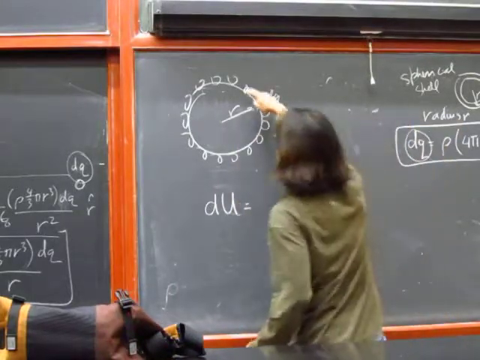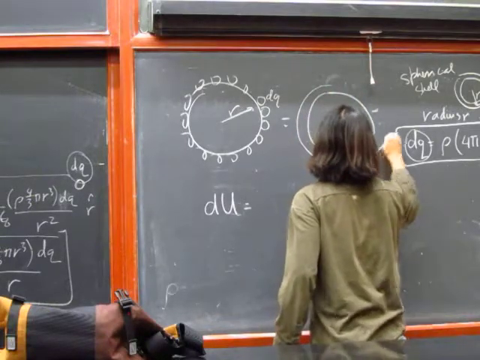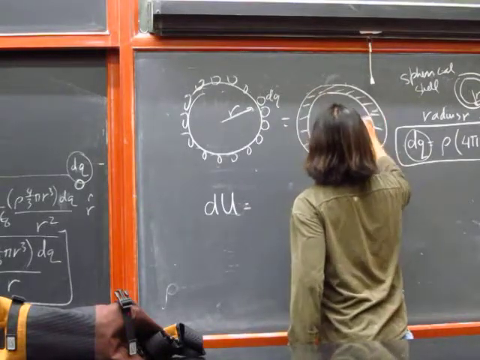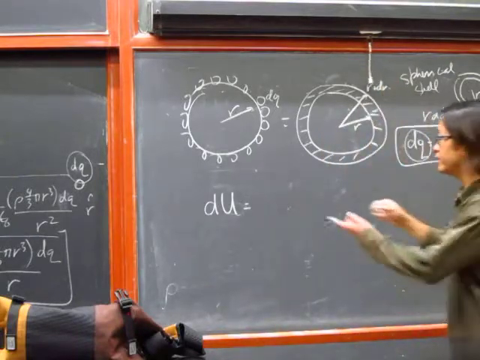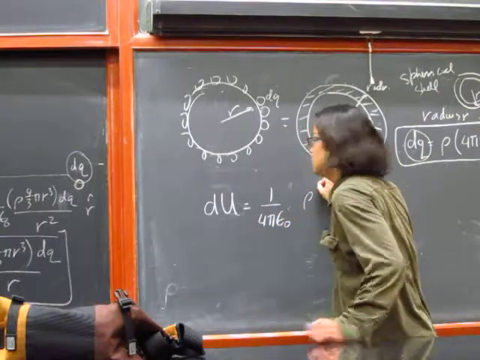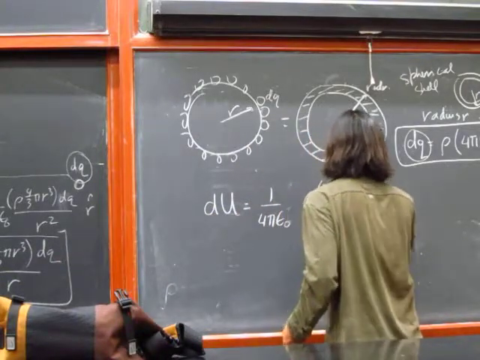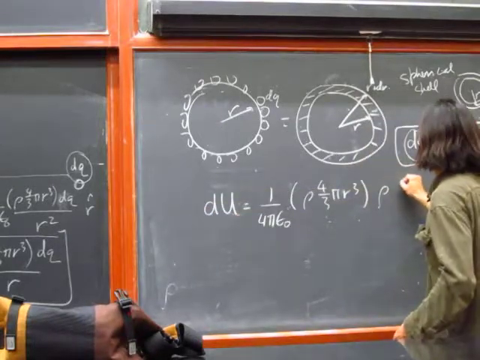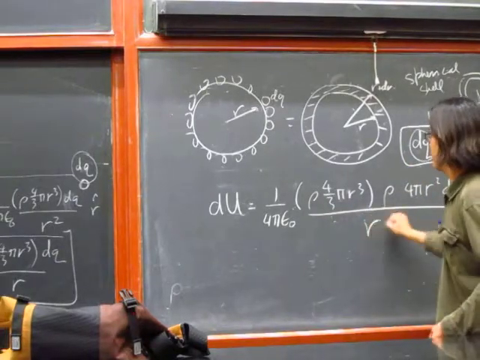Instead of this, I have something like this. dU is just 1 over 4 pi epsilon naught, rho 4/3 pi r cubed times dq, but dq is just rho 4 pi r squared dr, the whole thing divided by r.